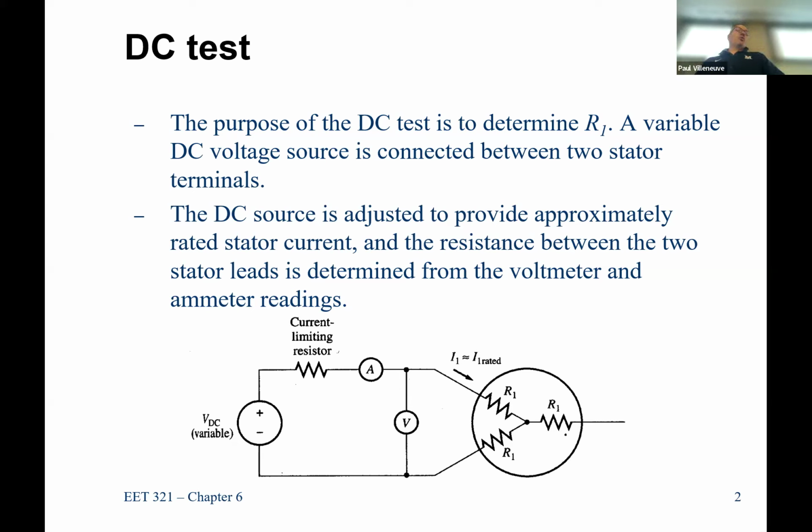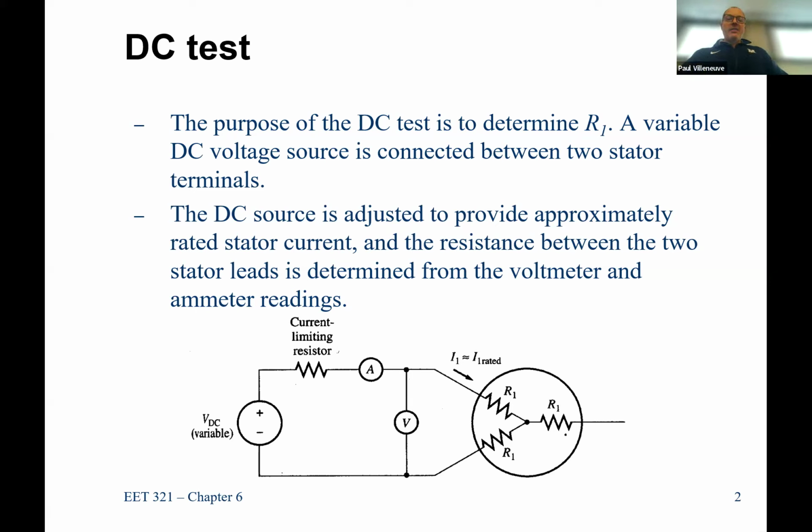So you're going to get some transient decay associated with it. So when you first energize your induction machine with DC, it's going to look like even more of a short circuit over time than was necessary. So you're going to limit the current just to sort of provide some sort of protection. And then you measure the current and the voltage, and you should have the ability to calculate the resistance.